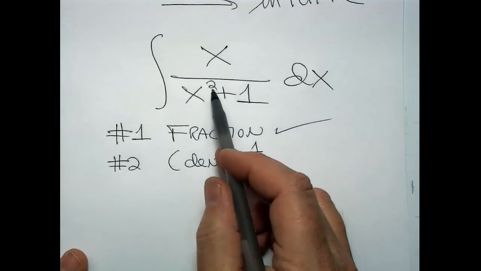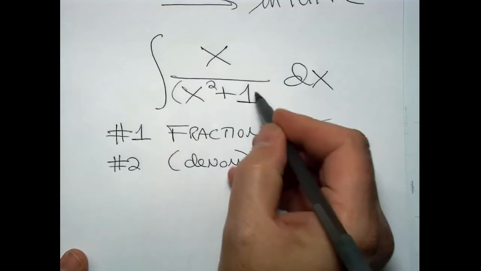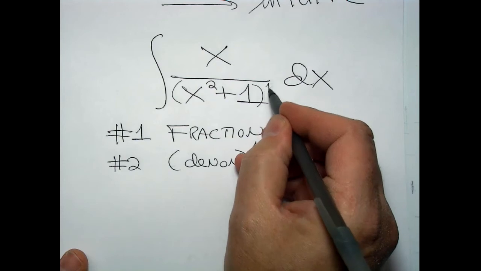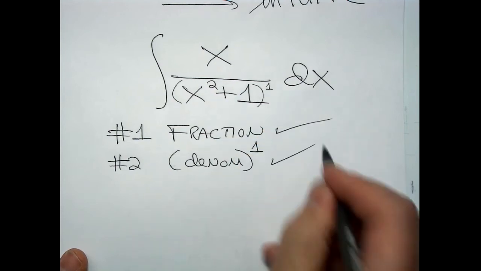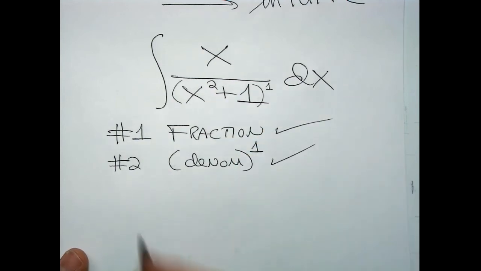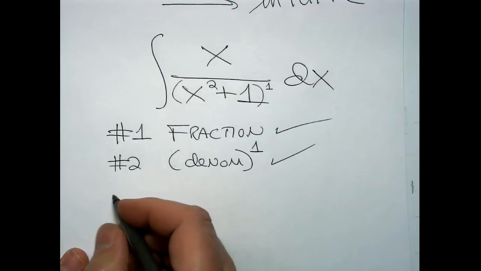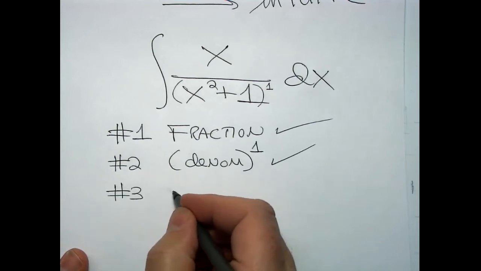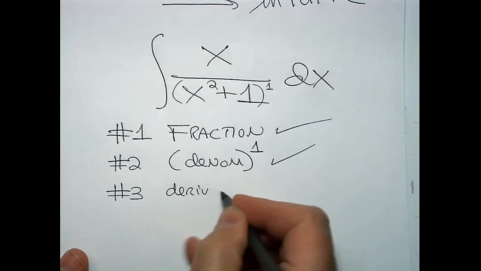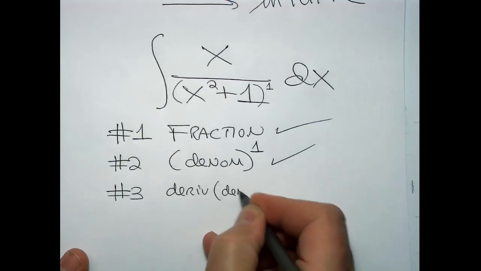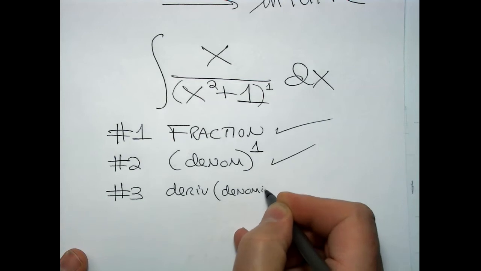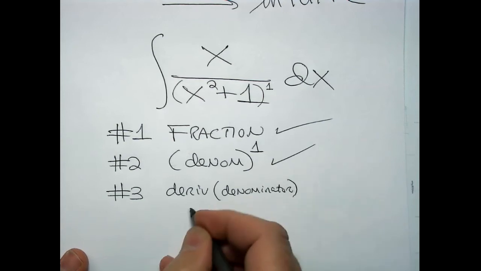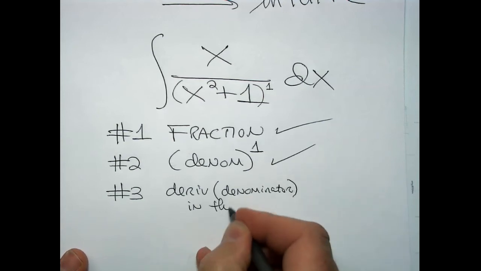What about this squared here? Well, if you package it up, yeah, you can put a little 1 out there. So, yeah, I'll check that off. The denominator, I would say, is to the 1 power. And finally, the clincher, number 3. Is the derivative of the denominator in the numerator?